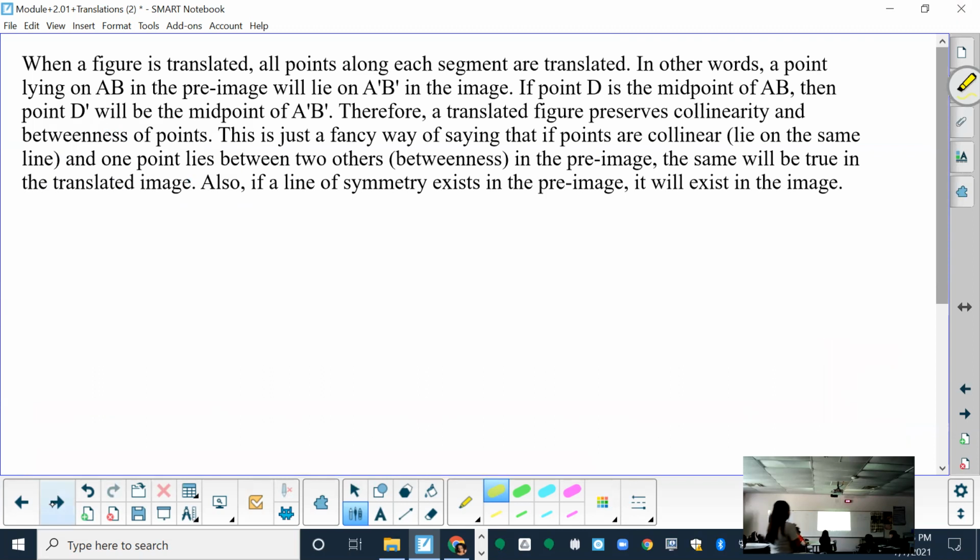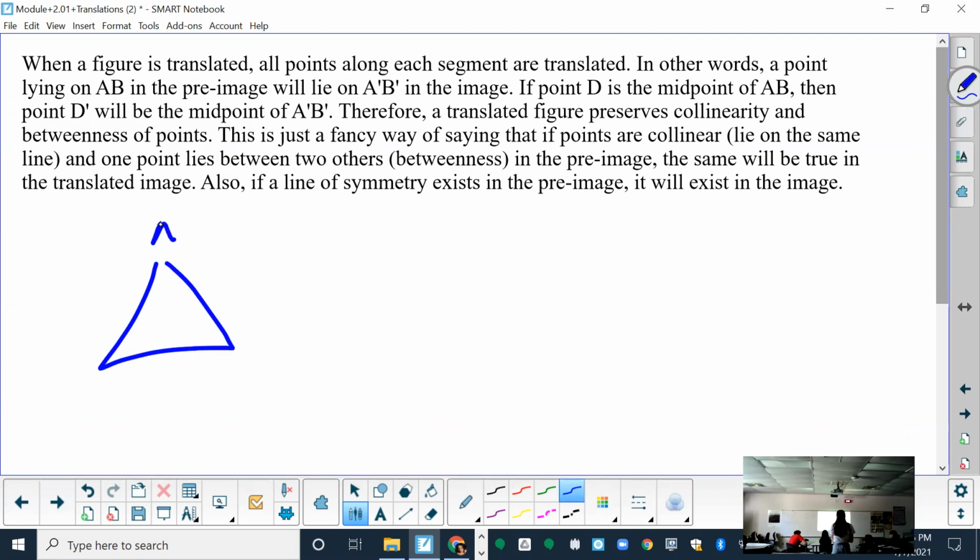All right. So when a figure is translated, all points along each segment are translated. So a point on line AB in the pre-image will lie on A prime, B prime in the image. So let's say this is my rough sketch. Here's my triangle ABC. If I translated the triangle on a coordinate plane, it would look something like this.